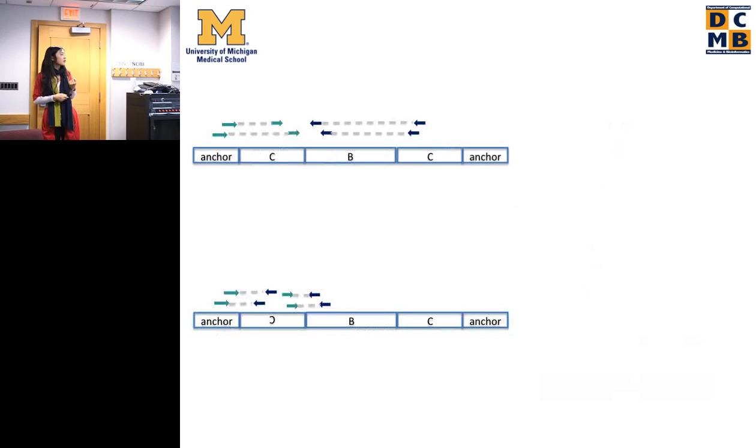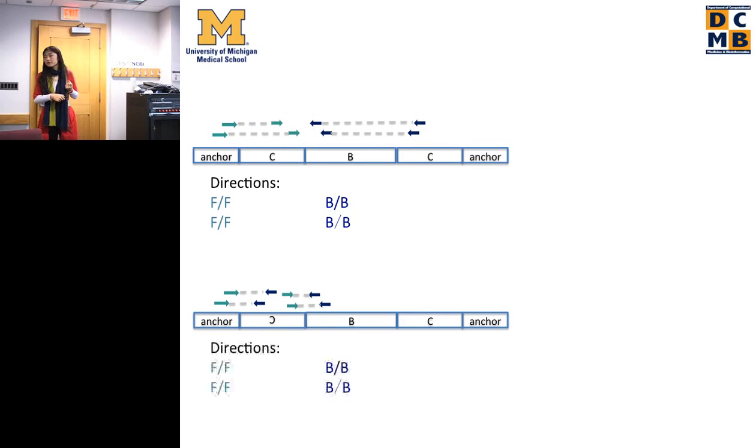Also, for the direction, let's compare two situations, with C inverted or not inverted. In this situation, we have 4 aberrant read pairs that are forward-forward and reverse-reverse. Thus, we have four pairs with all wrong direction.